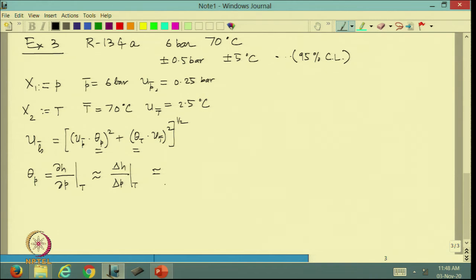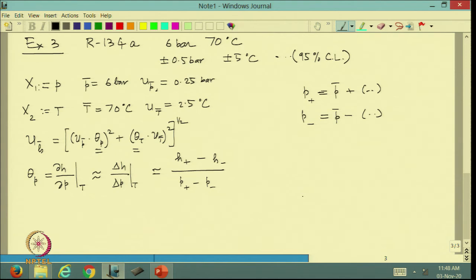So, this becomes equal to, let us say, the interval that I will take for calculating this. This has to be H plus minus H minus upon P plus minus P minus, where P plus is P bar, our nominal mean pressure, plus some value about that pressure, and P minus is P bar minus the same value.